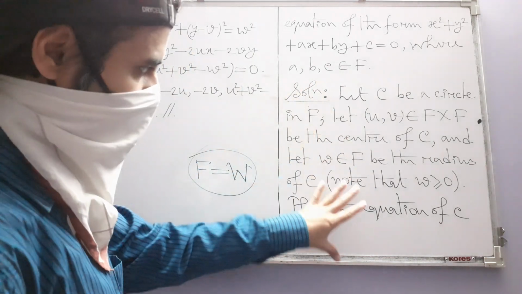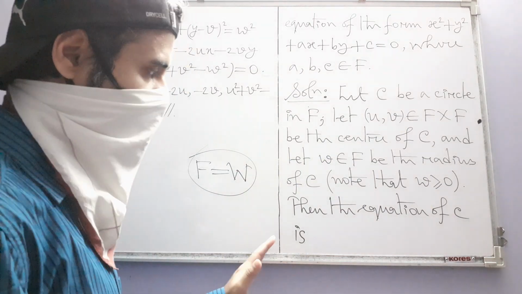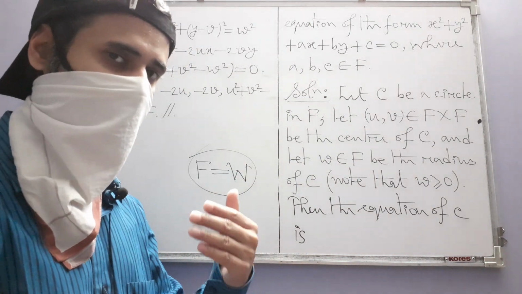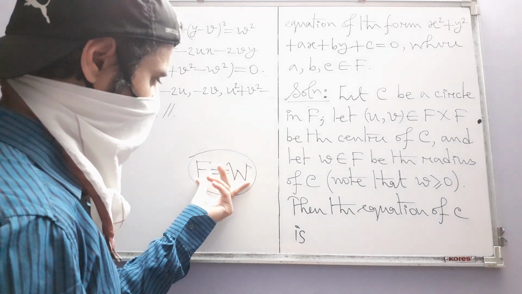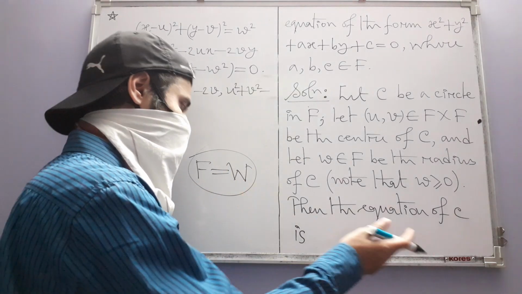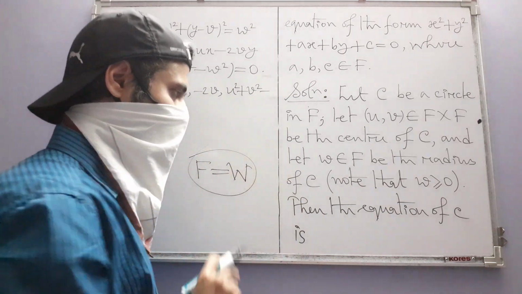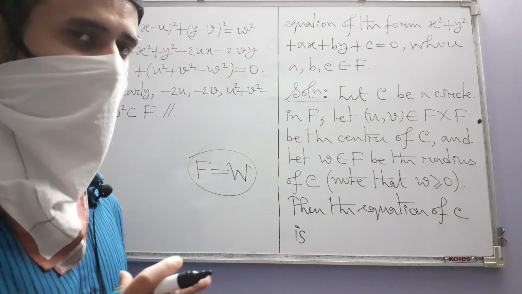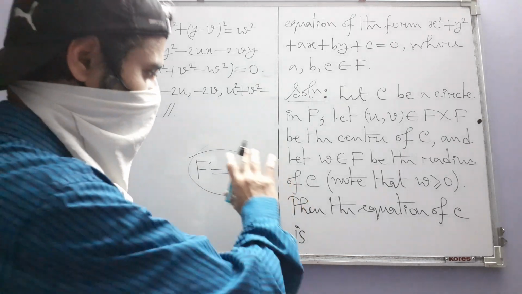I mean, from these discussions and these considerations, we are going to get something, and to that thing we are going to bring in this situation. In other words, we are going to apply that criterion to this particular subfield, and then something will come out. So we will do that.